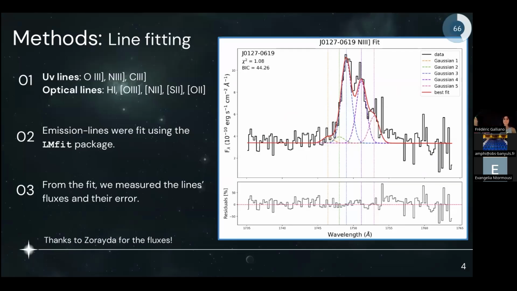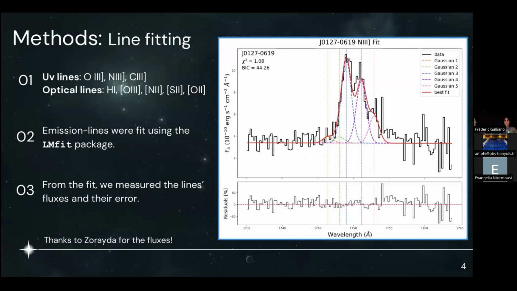So if we look at the lines that Lynn showed you, we may be interested in, for example, the collisionally excited lines from some of the metals like oxygen, nitrogen, carbon, etc., because they help us trace the gas diagnostics, so temperatures and densities. And also there were some nice Balmer recombination lines that help us trace the dust extinction.